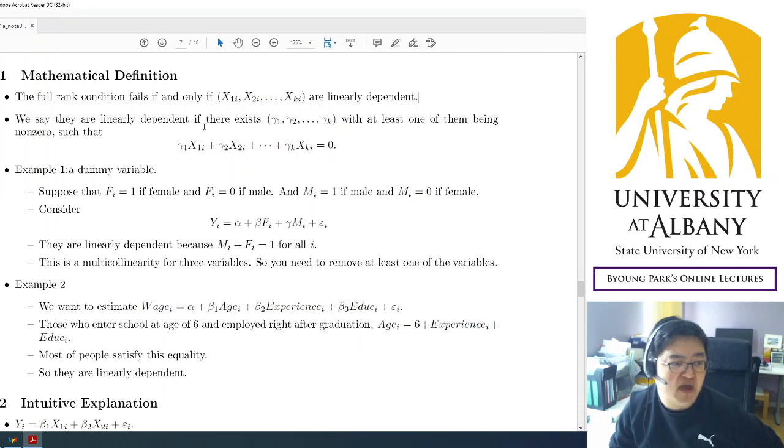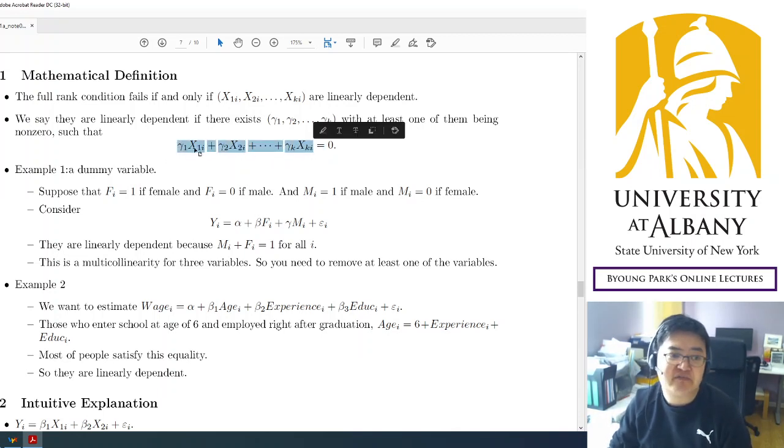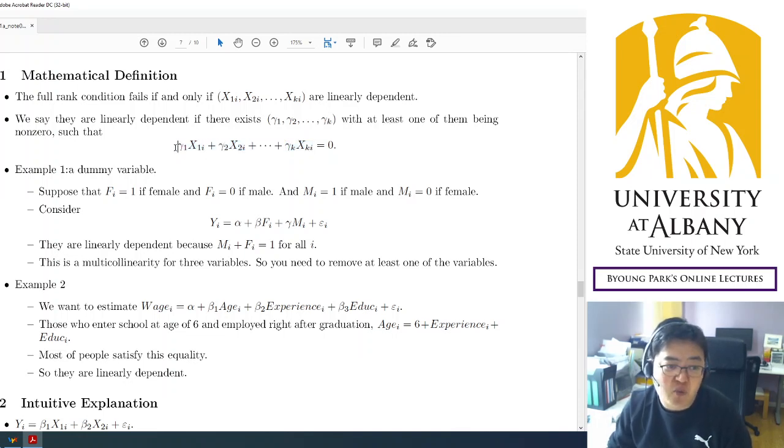They are linearly dependent if you may write them in this way: if there are some weights, some combination of constants, such that you calculate a weighted average of those k different random variables, the k independent variables, and if there exists some weight that makes the weighted average always equal to 0 with probability 100%, then something is wrong.